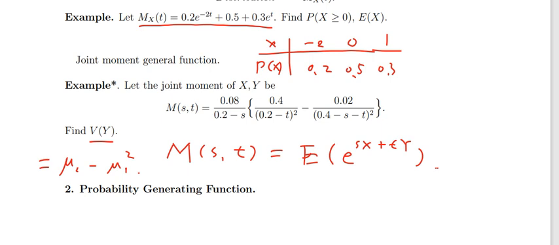So for y only, we just let x equal 0, right? Let x equal 0. So this one is just the moment generating function for y. Okay. So by now this problem is very easy, right?